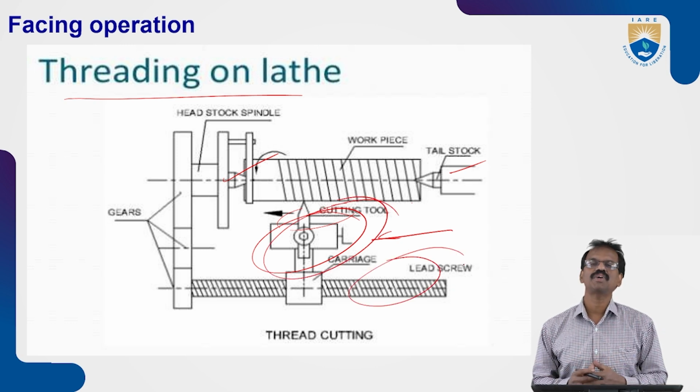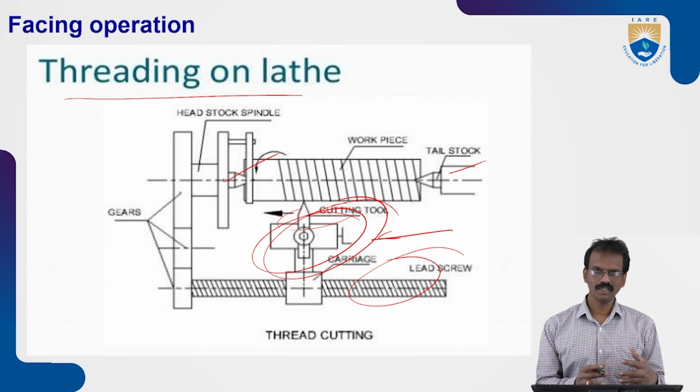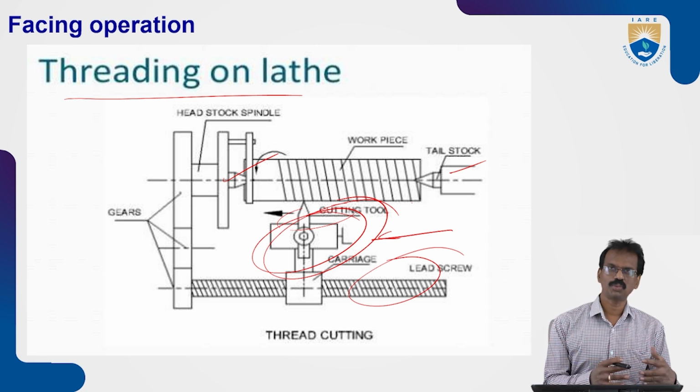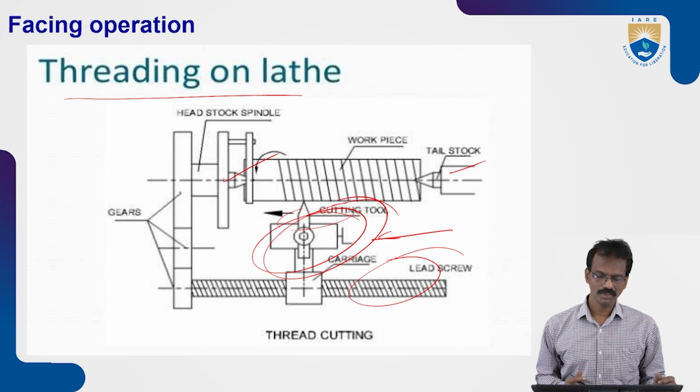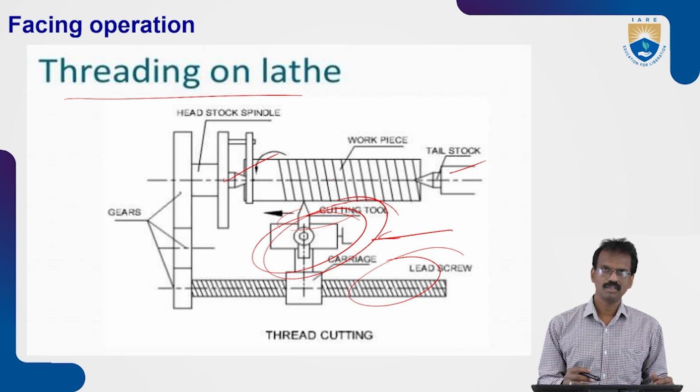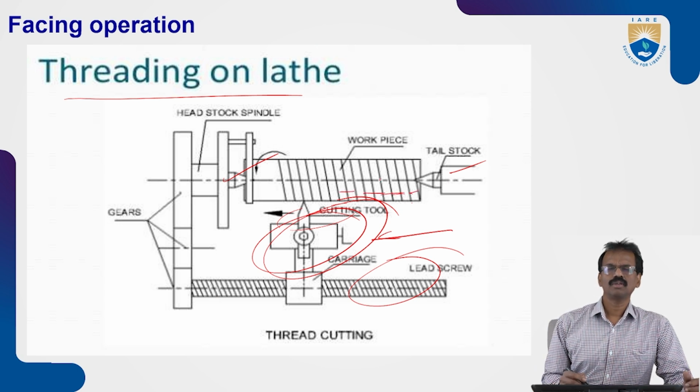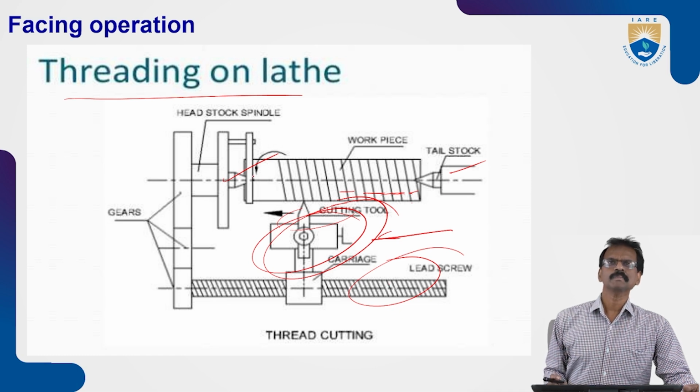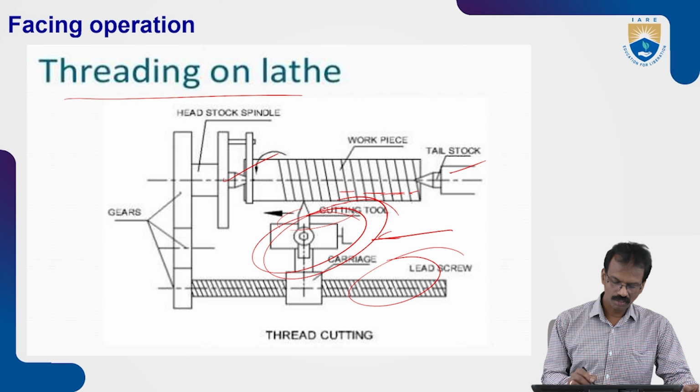The lead screw provides the automatic movement of the carriage, which means automatic movement of the tool against the workpiece. Then we'll get good thread cutting with the same pitches. The lead screw also moves with respect to the rotations of the workpiece. So this is thread cutting.